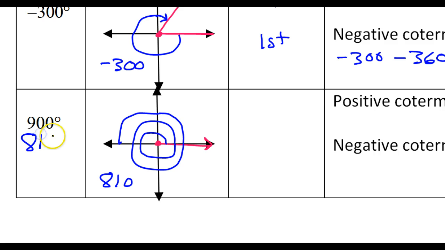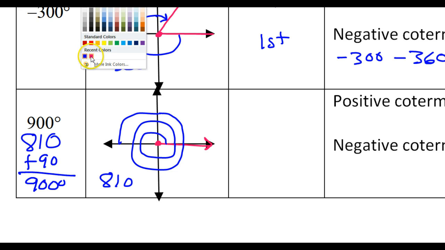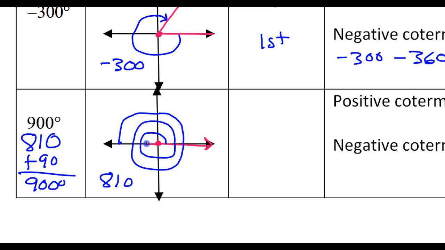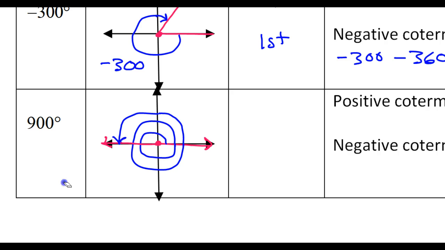So if I have 810 plus another 90, well, guess what? That's exactly 900 degrees. So there it is. This is a picture of positive 900 degrees.